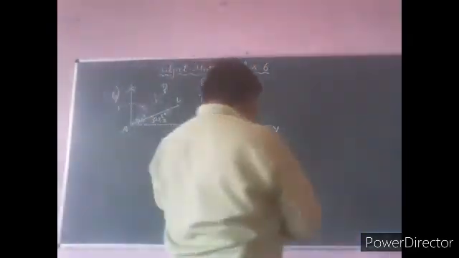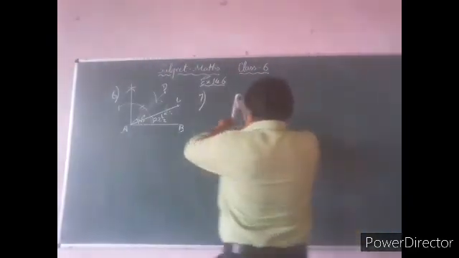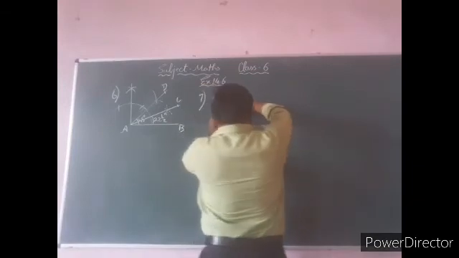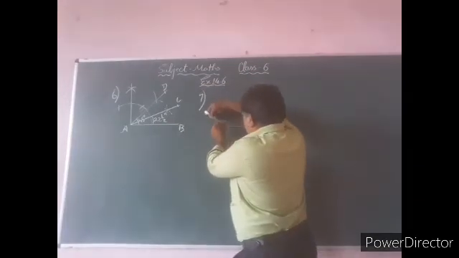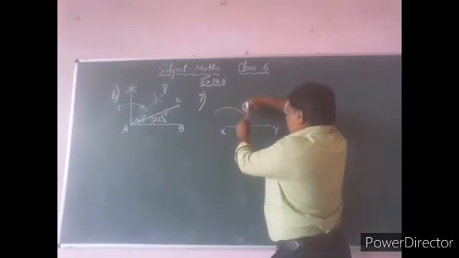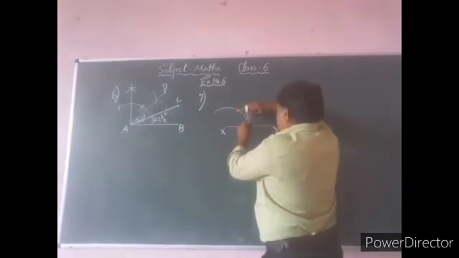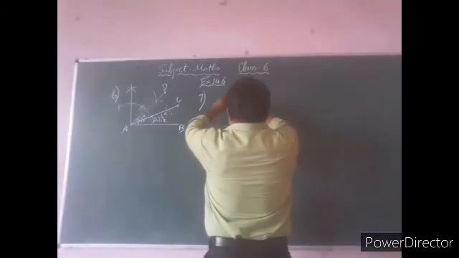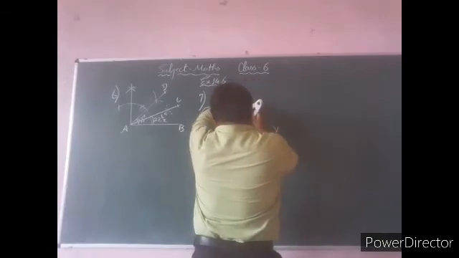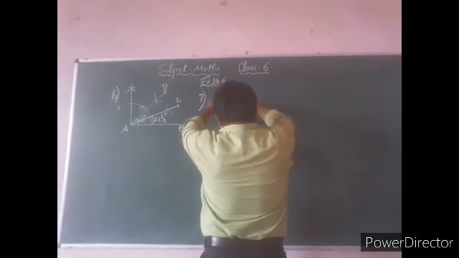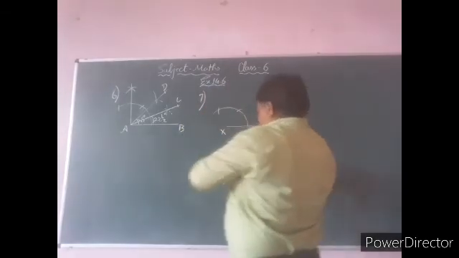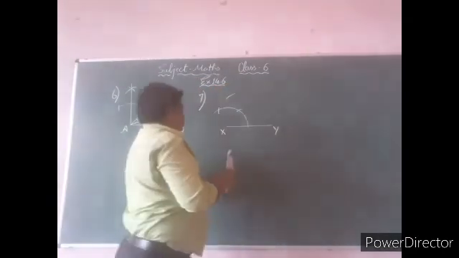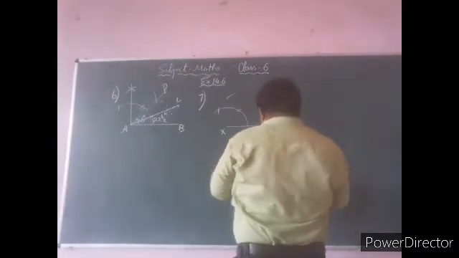So taking X as the center, draw an arc and of the same radius, now bisect it, draw an angle of 90 degree.